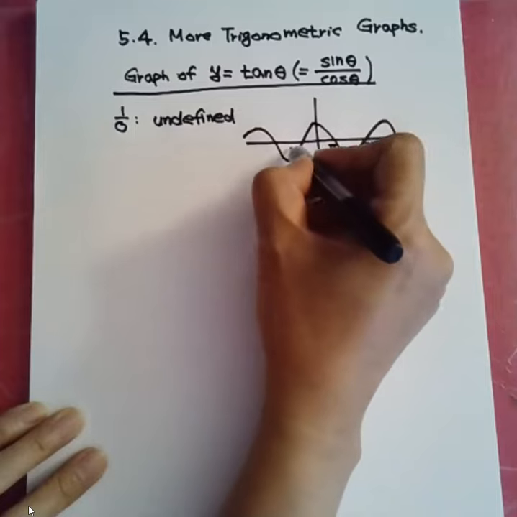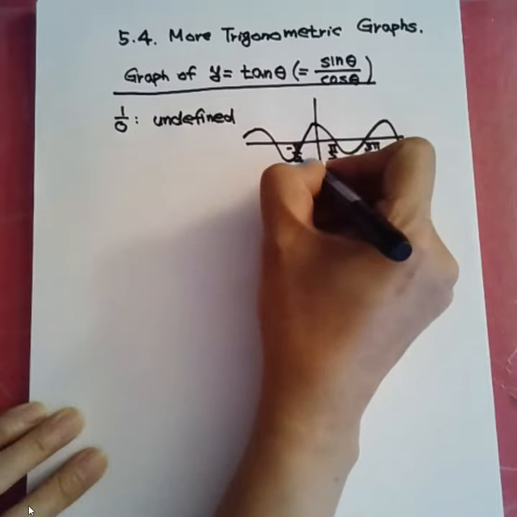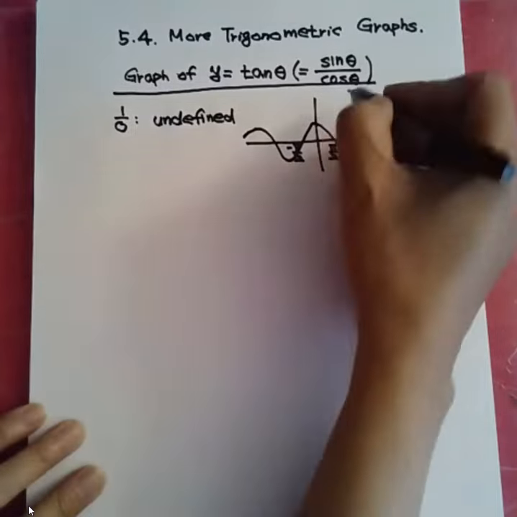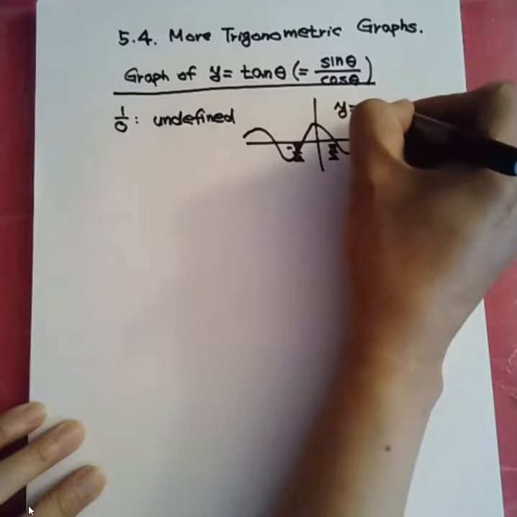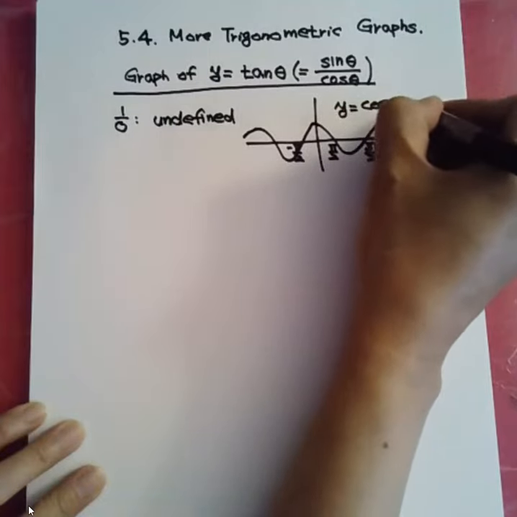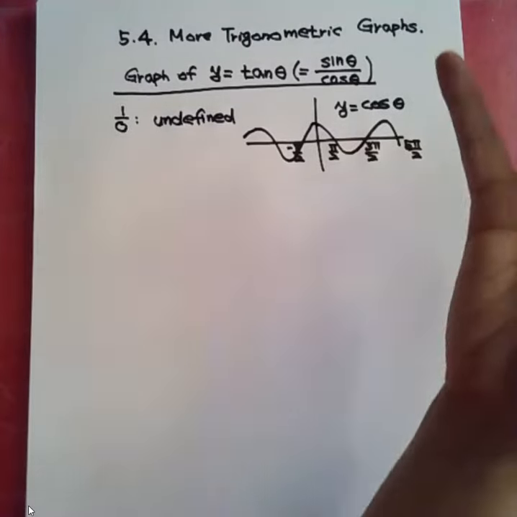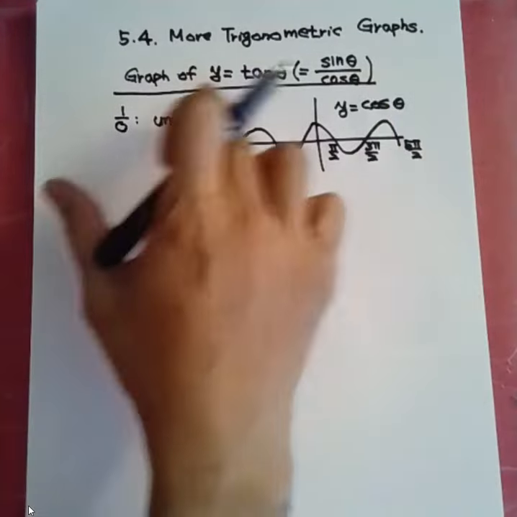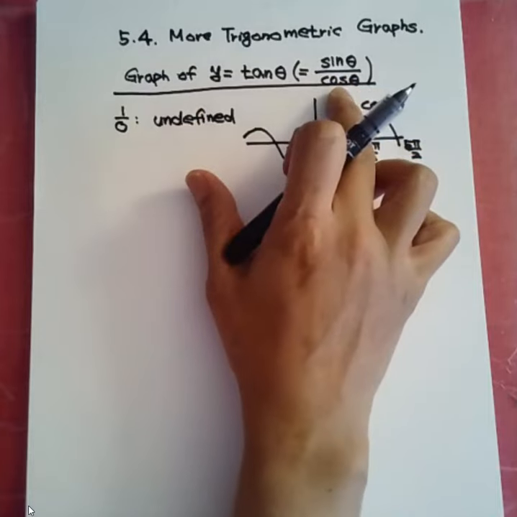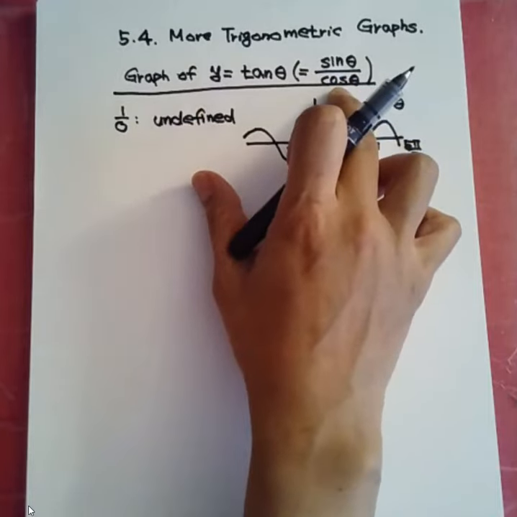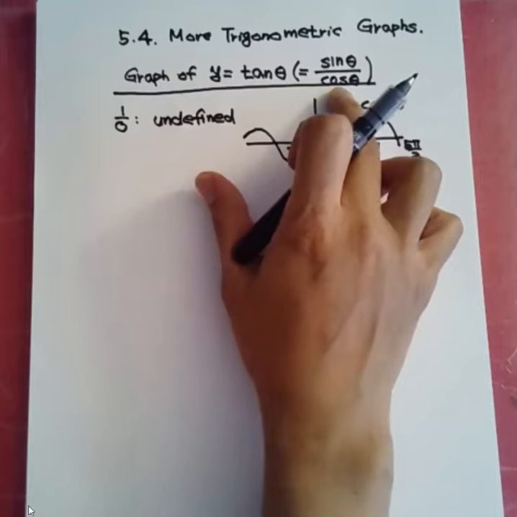This is minus pi over 2. Whenever cosine theta becomes 0, it makes tangent value undefined because the denominator will become 0.